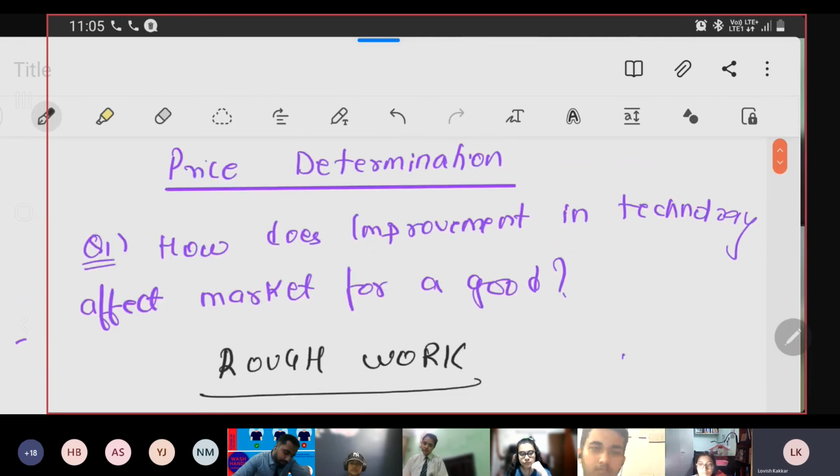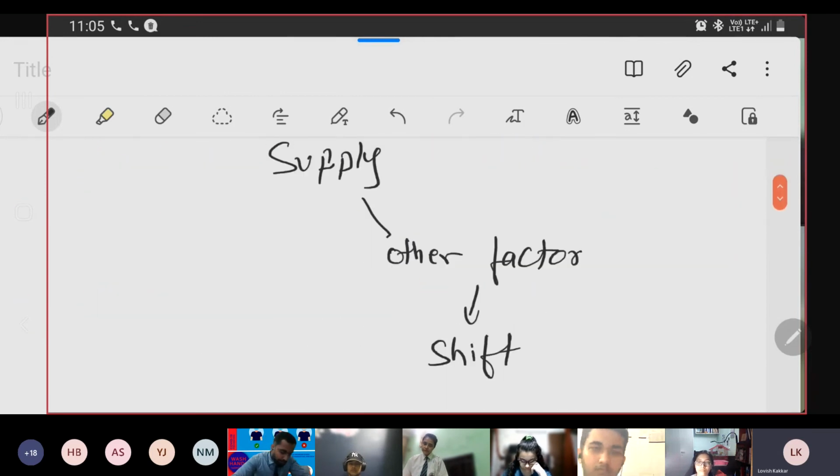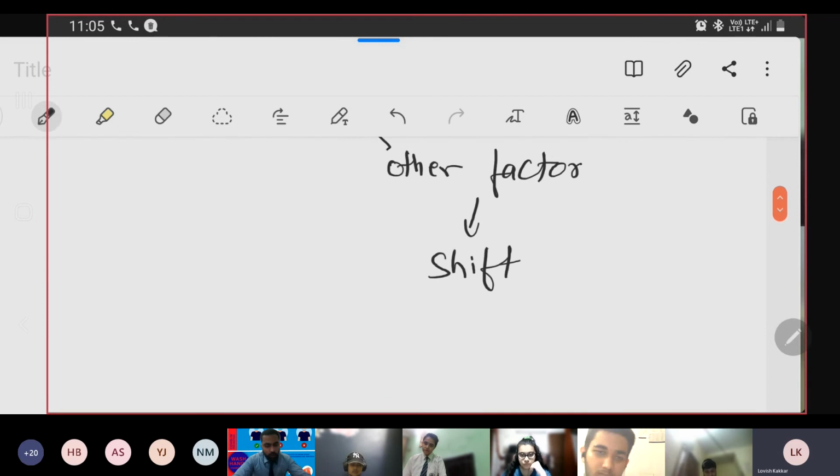Now, because of improvement in technology, will the supply increase or decrease? Increase. It will increase because improvement in technology means there will be increase in efficiency of labor force, which means that we can now produce more goods and services.